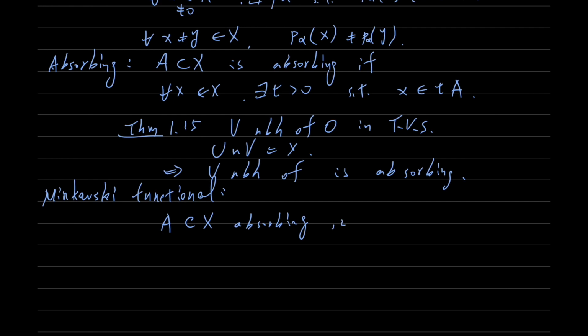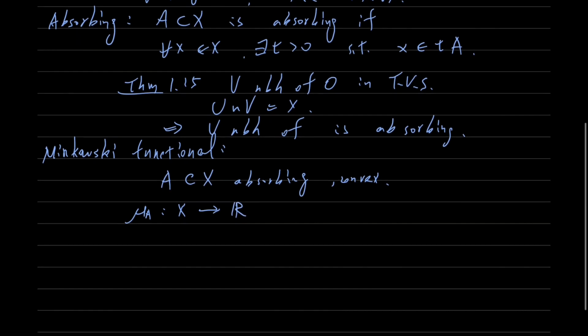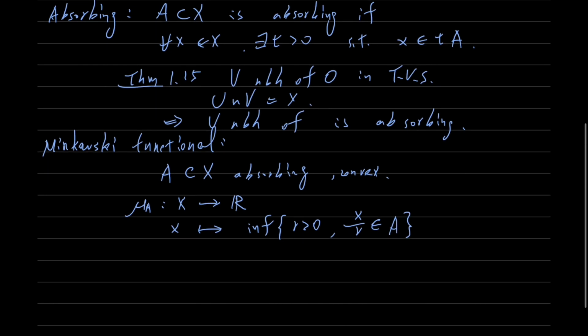Oh, yes, we do. Okay. So we also require it to be convex. If a subset is absorbing and convex, we can define a functional μ_A from the vector space to the real numbers in the following way. We send x to the infimum of positive numbers r such that x over r is inside A. Or equivalently, we can put the r to the other side.